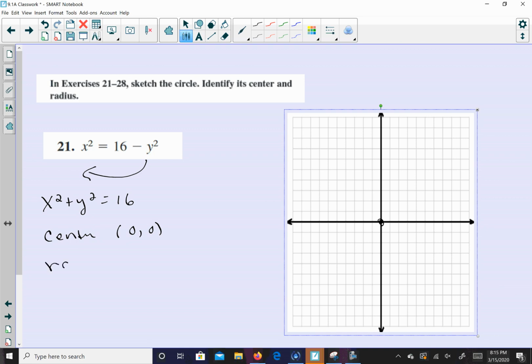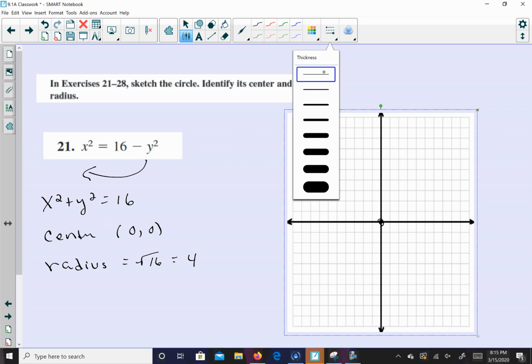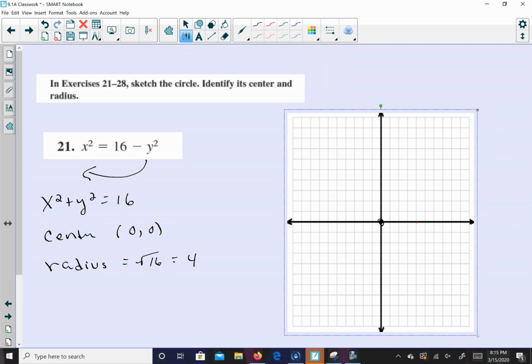My radius is going to be the square root of 16, which will just simply be 4. So to sketch this, I'm going to start at my center, and I'm going to go 1, 2, 3, 4 places to the left, 4 places to the right, 4 places up, and 4 places down. And those will give me the points on the outside of my circle, and I'm going to sketch my circle.